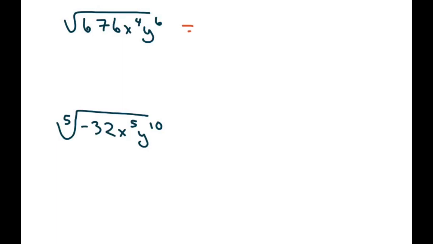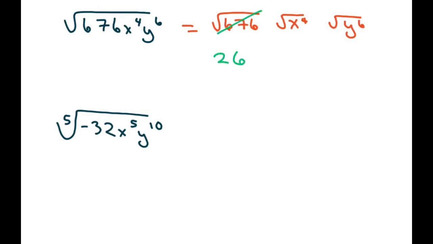As in our previous videos, I'm going to take the square root of 676 and the square root of x to the fourth and the square root of y to the sixth. The square root of 676 is 26.